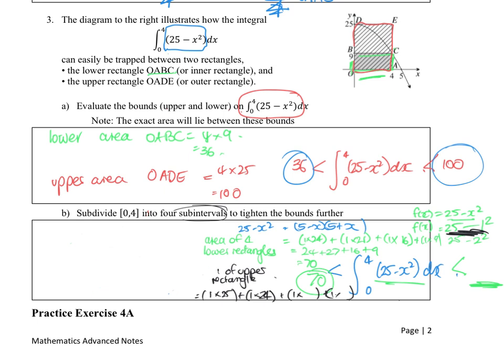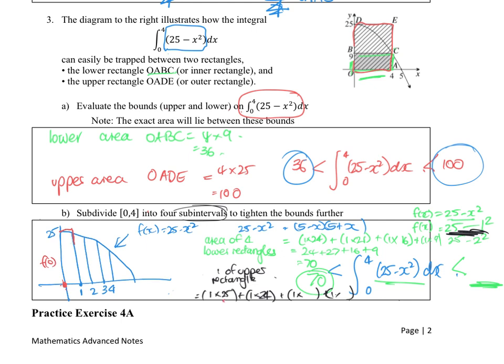All right, so here is my graph. That's 25. This is the graph f(x) equals 25 minus x squared. So I've got 1, 2, 3, 4. To work the lower ones, you worked it out on this one. But the upper ones are done differently. That's the height, so it's going to be f(0), which is 25.